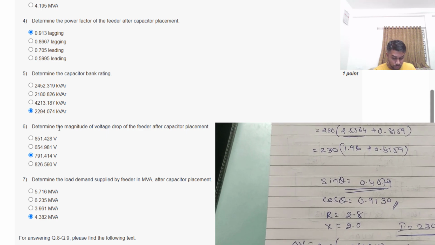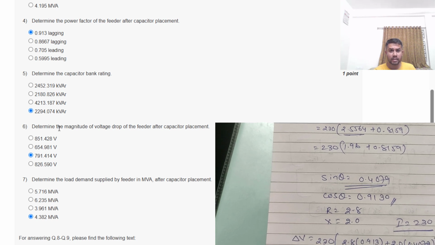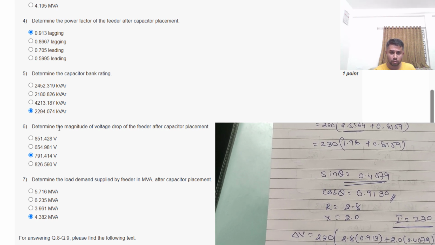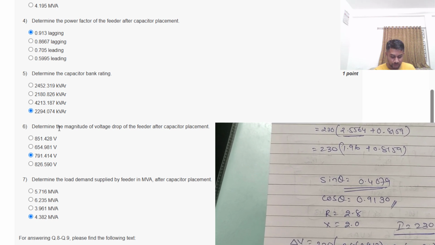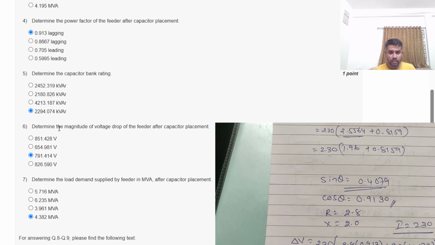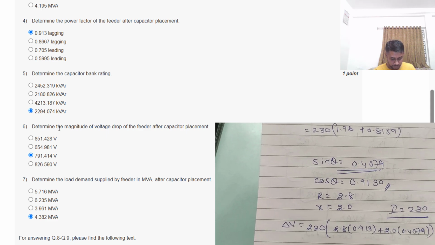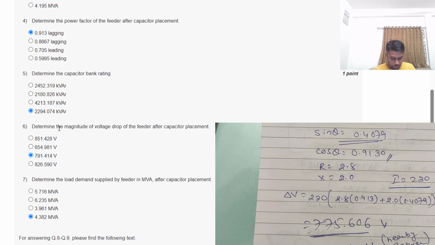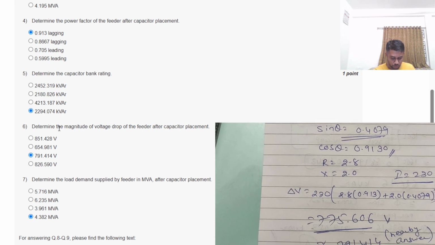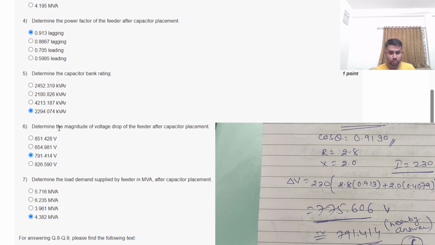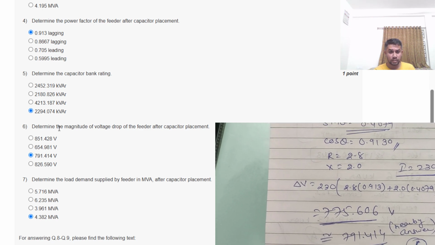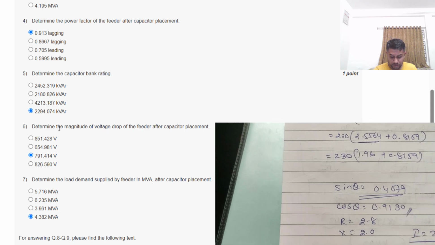R equals 0.7 multiplied by 4 kilometer length, so it is 2.8, and 0.5 multiplied by 4 kilometer length, so XL equals 2.0. With this calculation, delta V equals 775.606 volt. So the answer is 791.414, and we have selected answer C in the 6th question.